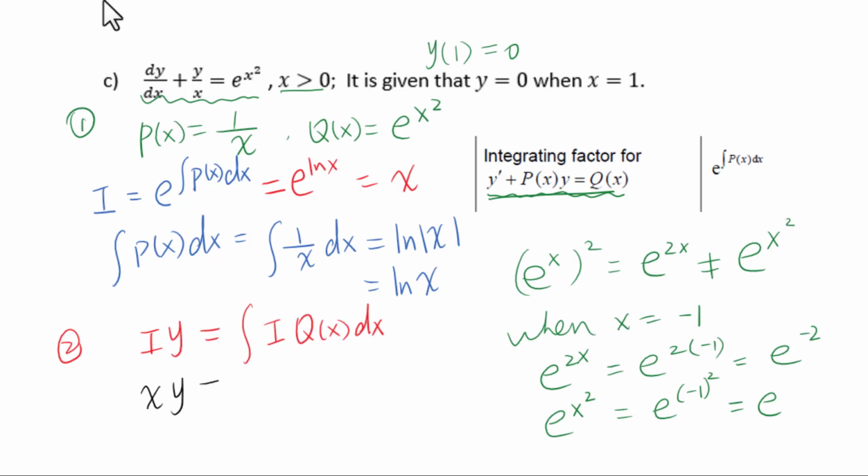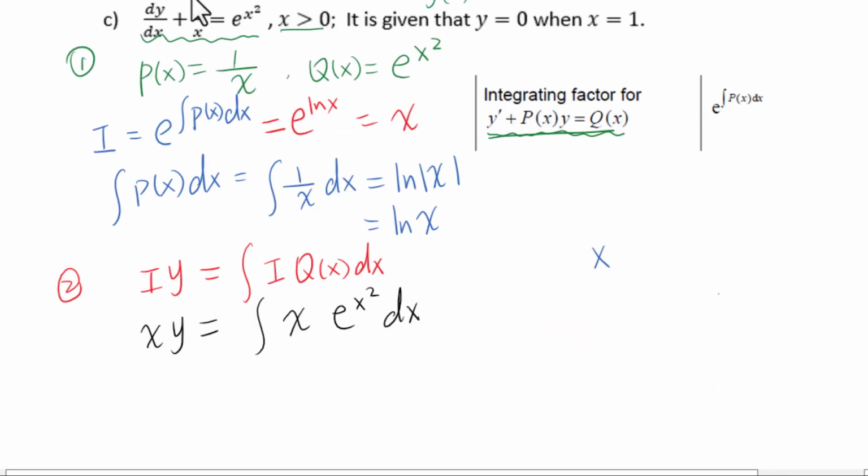x y equals the integral of x times q of x, which is e to the x squared power, dx. Since the derivative of x squared equals 2x, multiply by 2, then put 1/2 outside this integral.